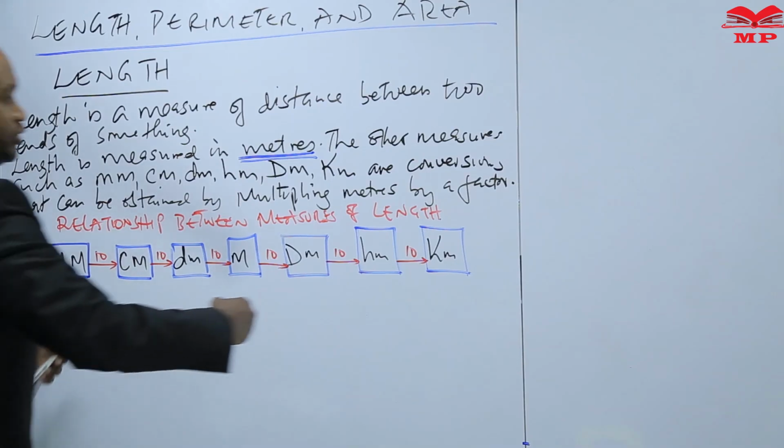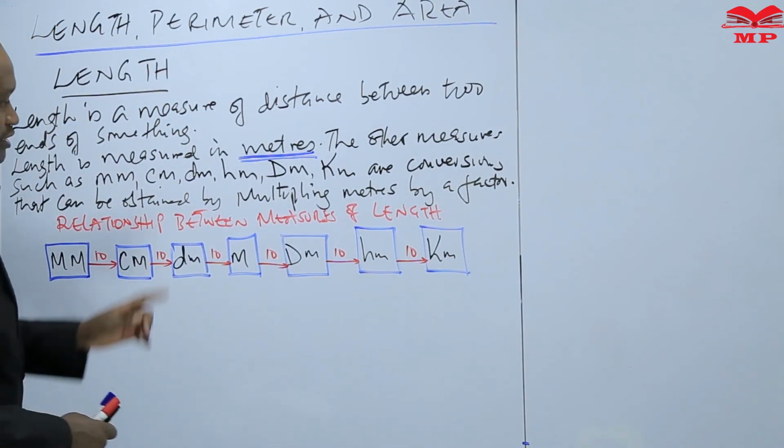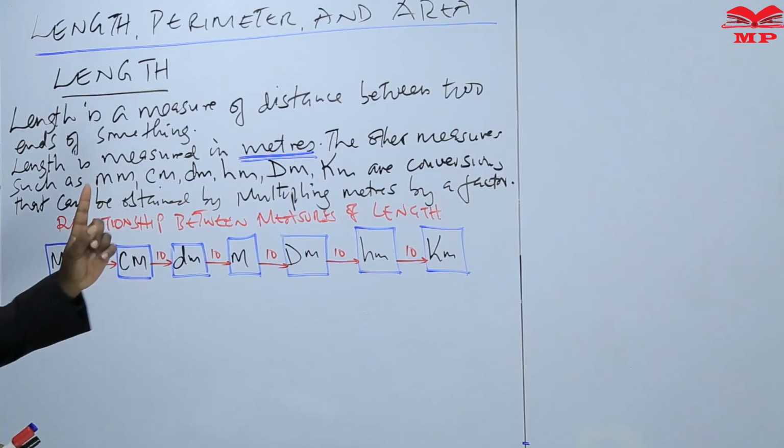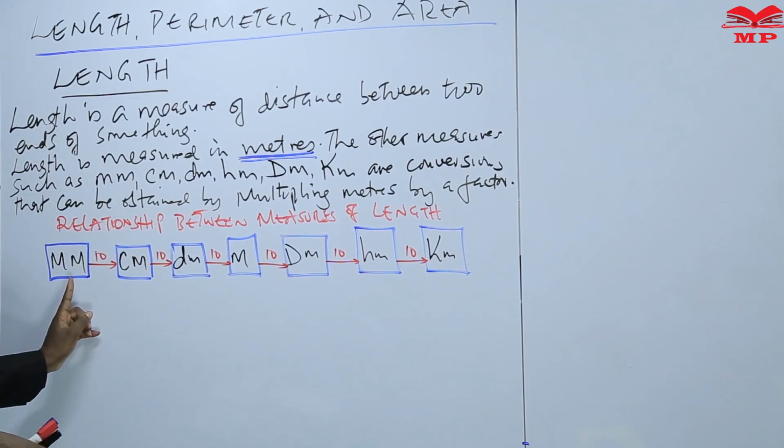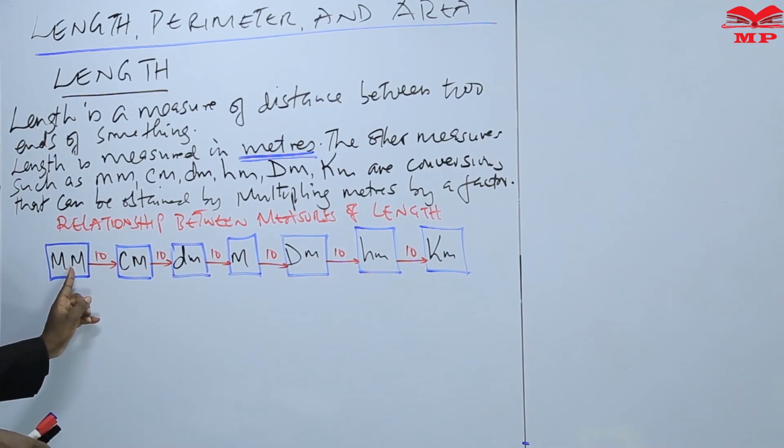So the units to the right are larger units of length. The smallest one here is a millimeter. The smallest unit of length from this diagram is the millimeter.